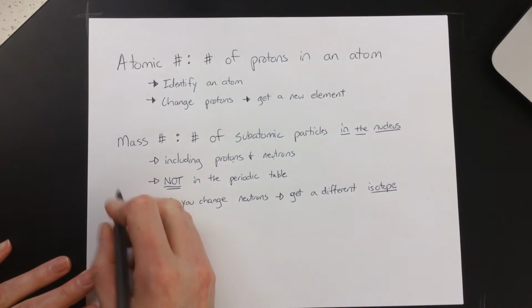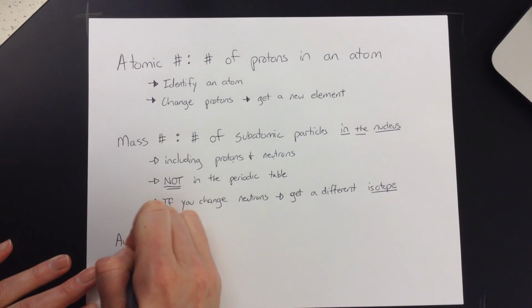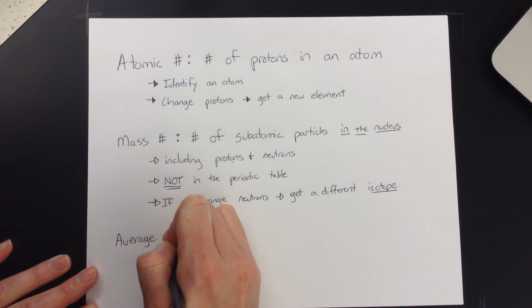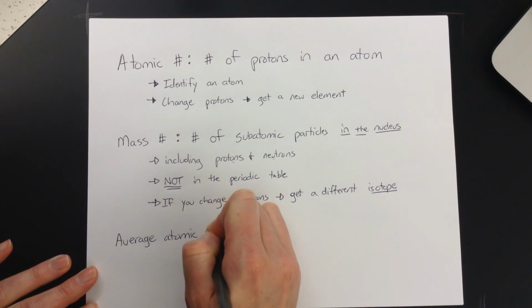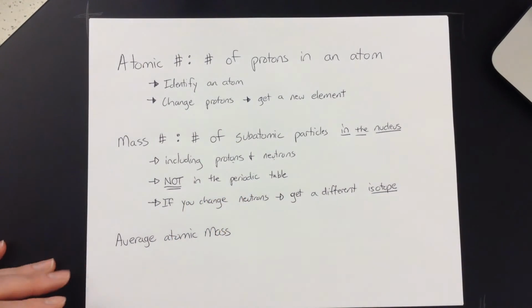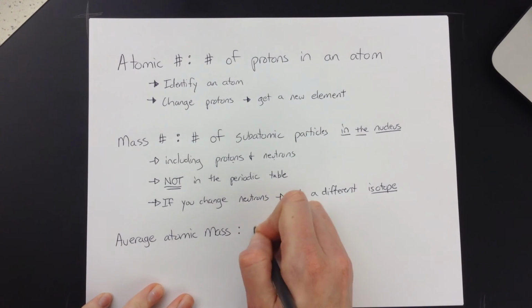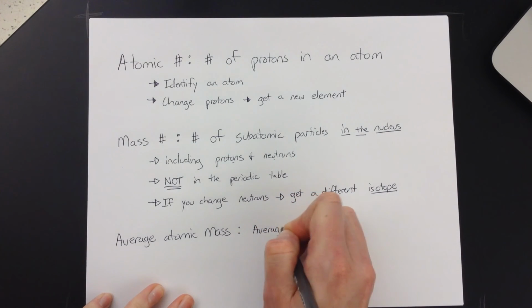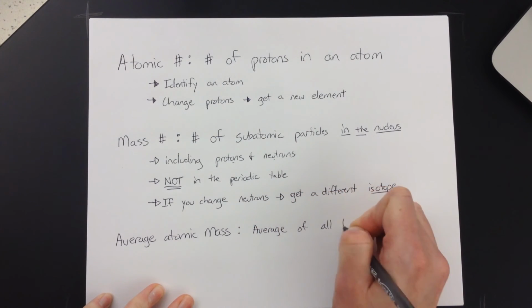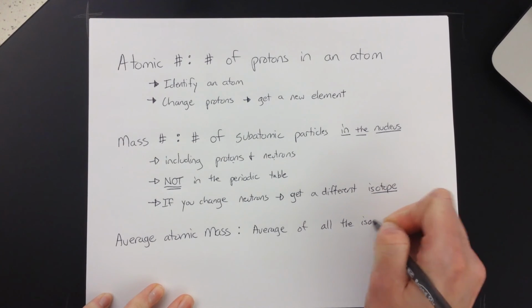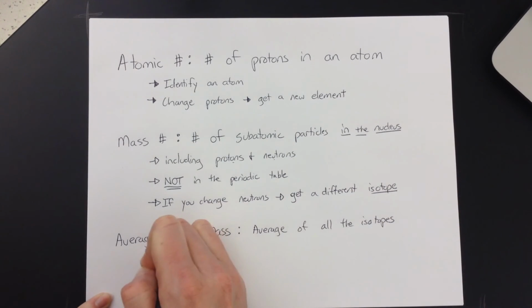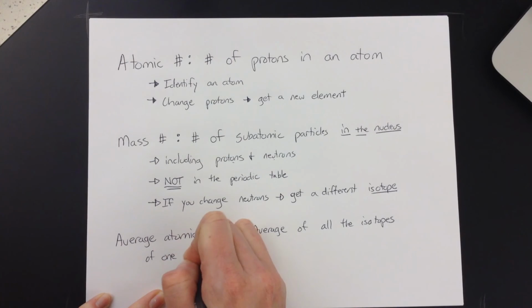So what is in the periodic table is the average atomic mass. It's not the mass number, and sometimes it's called the average atomic weight. Sometimes it's just atomic weight or atomic mass, but it's an average of all the isotopes of one element.